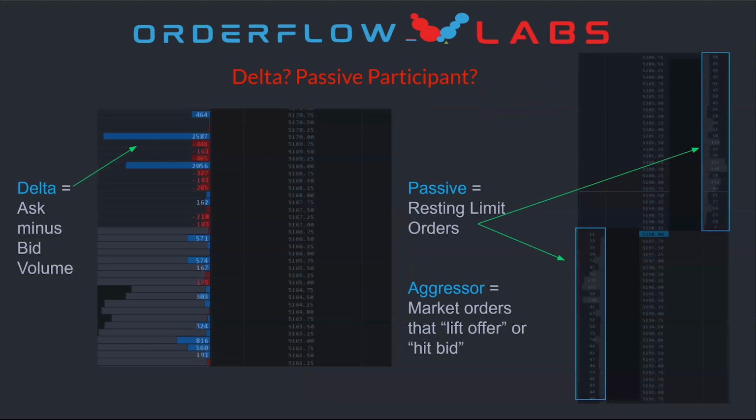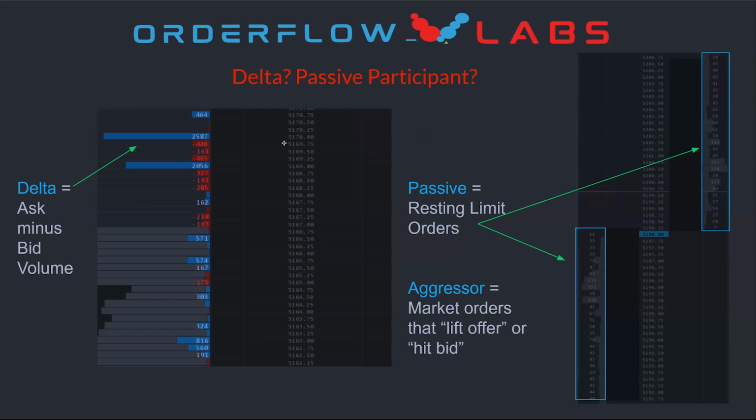Okay, so let's talk just a minute about, I said active or aggressive participants. We talked about passive participants, and then delta. So just wanted to kind of define what those things are. So again, delta is the ask volume minus the bid volume at that price.